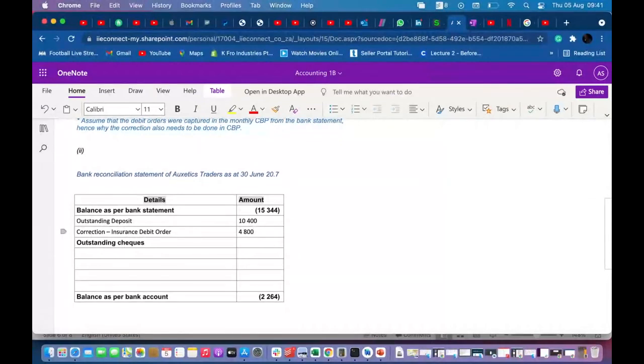Then when it comes to outstanding checks, we have under 2.9 that check that the bookkeeper was holding on to, and that was for 1,700. Do we have any other outstanding checks?